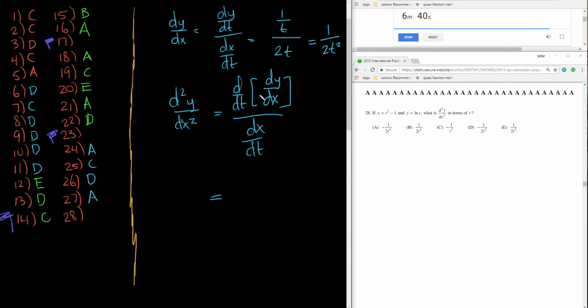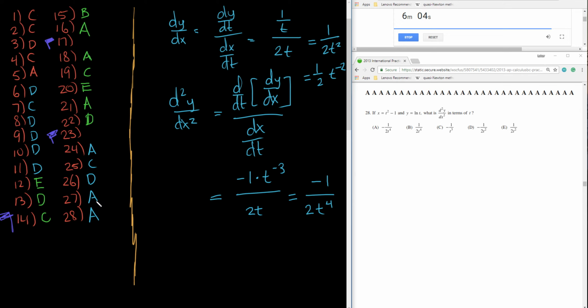Alright, so here we're going to have the derivative of this, and another way to rewrite this is 1/2 t to the negative 2, and when you write it like that, it becomes clear that the derivative of this is negative 2 times 1/2, which is negative 1 times t to the negative 3, divided by dx dt, which again stays 2t, leaving us with negative 1 divided by 2t to the 4th. Looks like that's answer A.